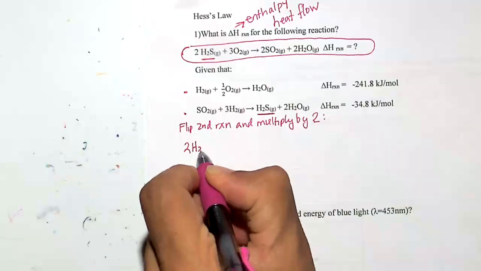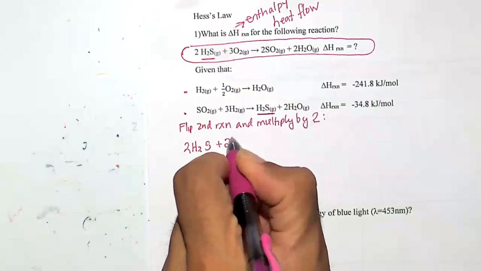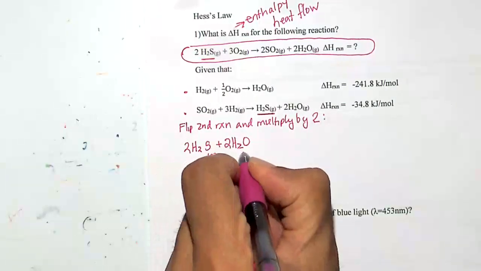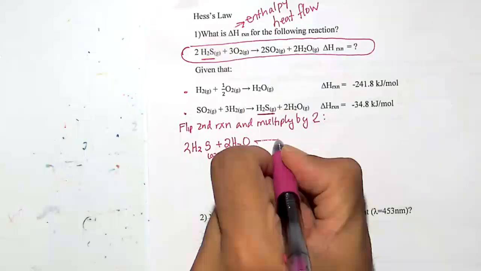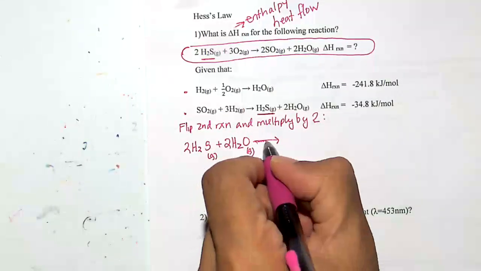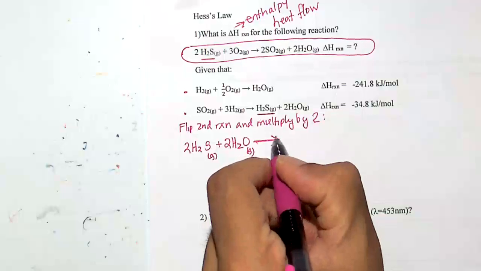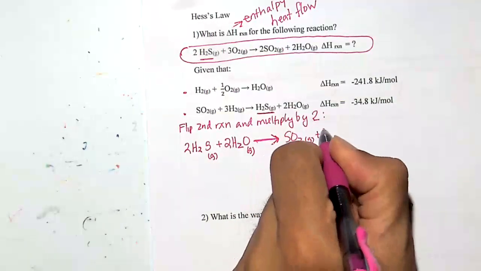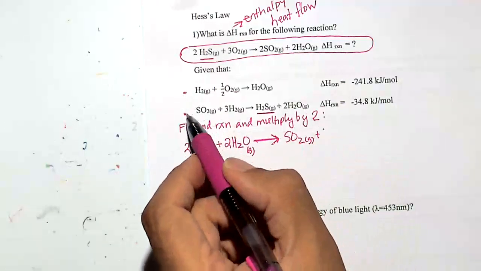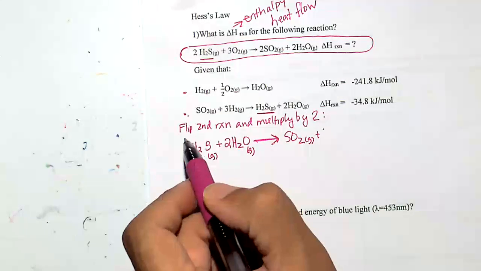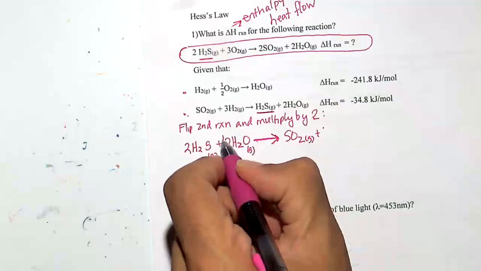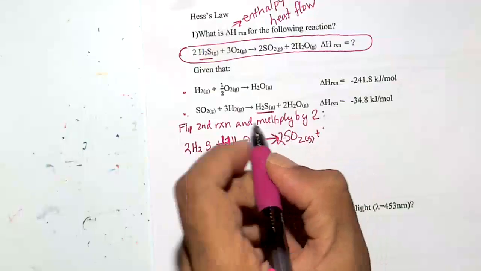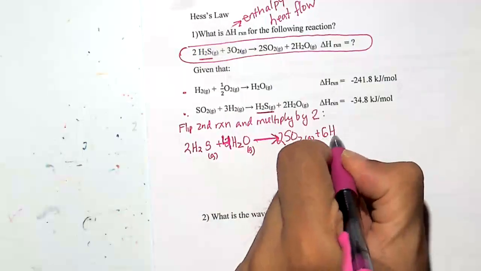So 2H2S plus 2H2O is going to go to SO2. So multiply by 2, right? 2H2S, that means 4H2O, 2SO2, and 6H2.